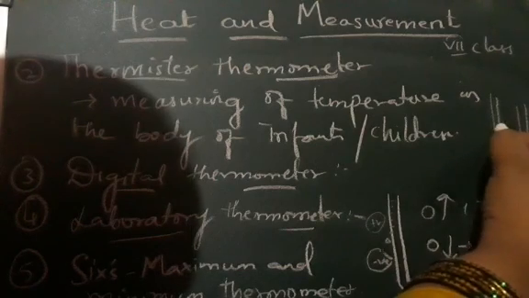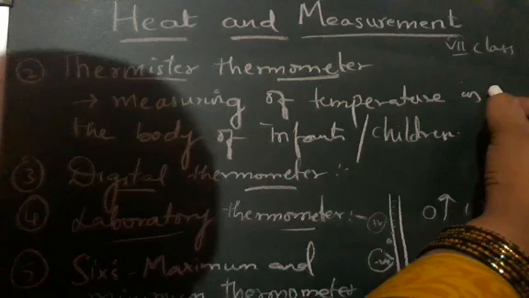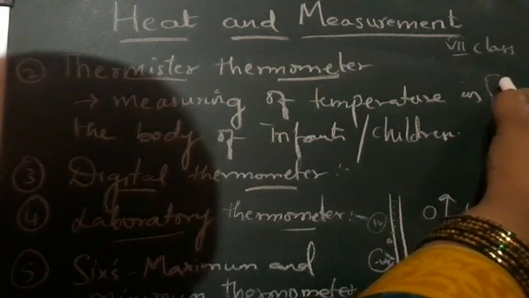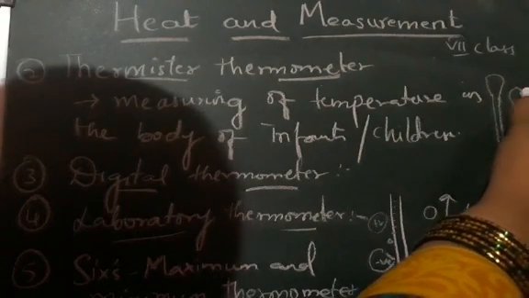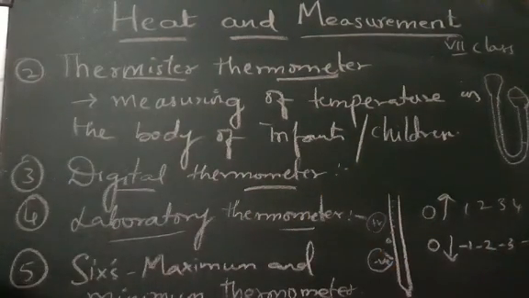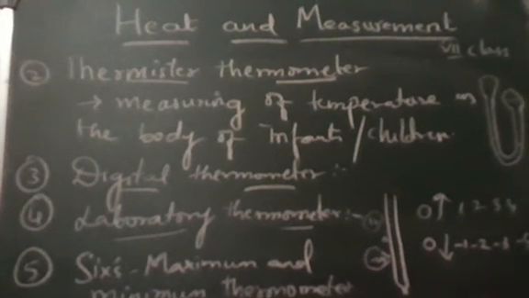So you can see where it is moving, where the highest temperature is and where the lowest temperature is. Here you can find one cube. This is the closed end. This is usually used for measuring the highest and lowest temperature of the day.